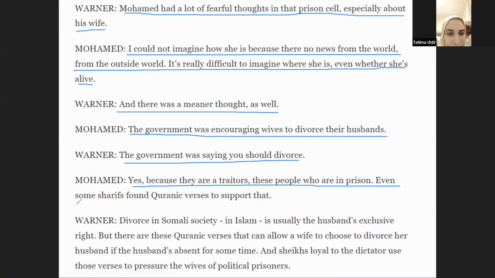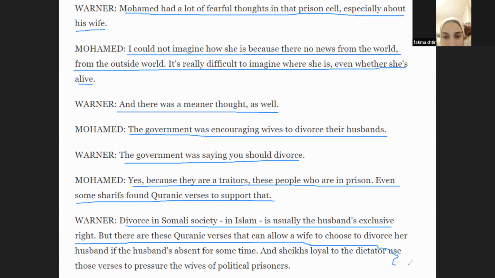Even some sheikhs found Quranic verses to support them. Divorce in Somali society in Islam is usually the husband's exclusive right, but there are these Quranic verses that can allow a wife to choose to divorce her husband if the husband is absent for some time, and sheikhs loyal to the dictator used those verses to pressure the wives of political prisoners.